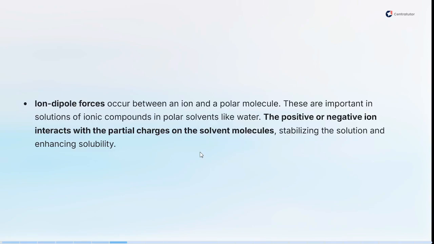Then we had dipole-dipole, where one molecule has a negative end and the other has a positive end, and they interact. Then we talked about hydrogen bonding, which is a form of dipole interaction, where hydrogen becomes the positive end, fluorine becomes the negative end, and it begins to bond with other fluorine in the system.